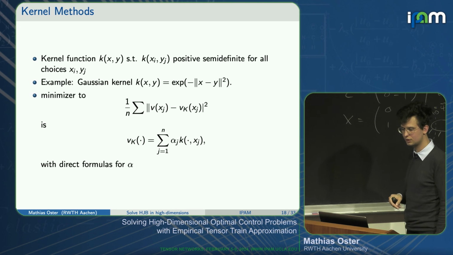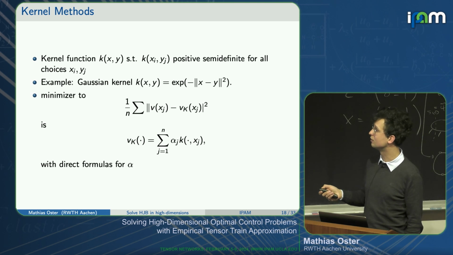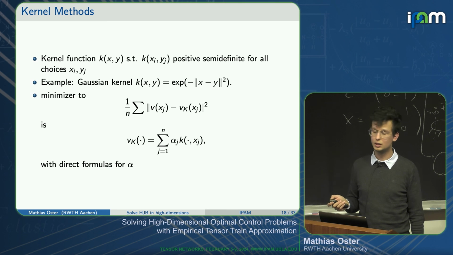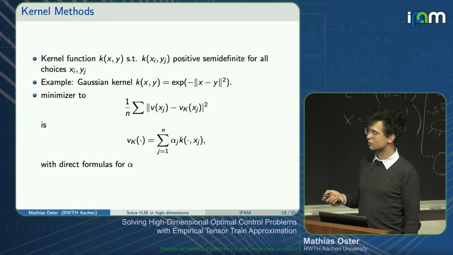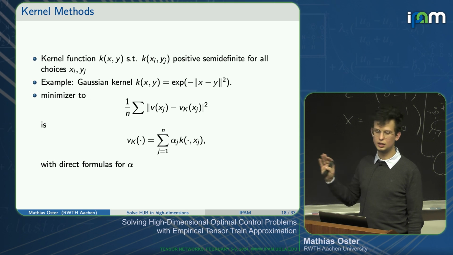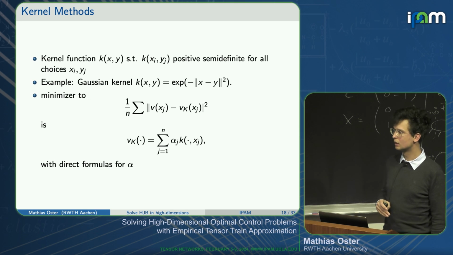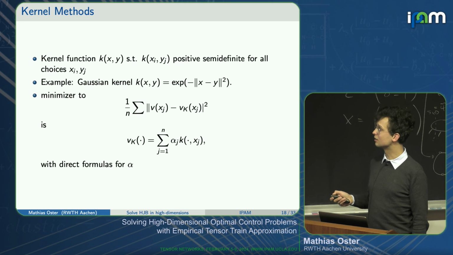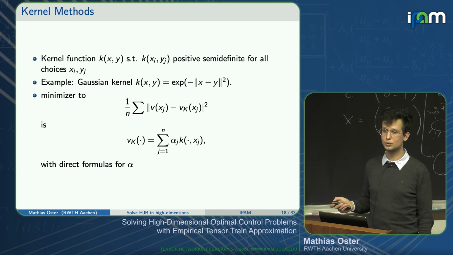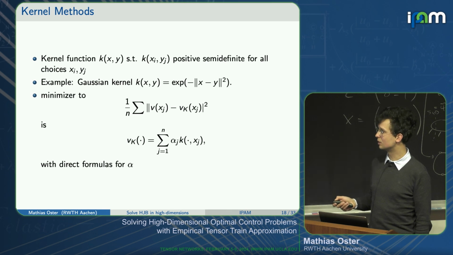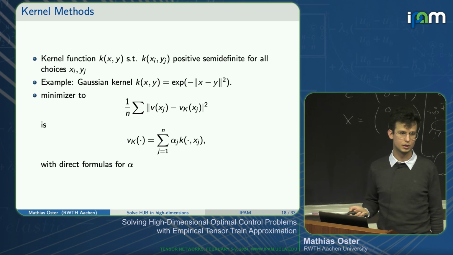One of the really popular examples in the kernel community is the Gaussian kernel. They also use the exponential kernel where you don't have the square, and they have a whole zoo of kernels by now. One of the very nice properties of these kernels is that the minimizer of the empirical L2 distance has an explicit formulation in terms of the kernels and some coefficients that can be calculated.